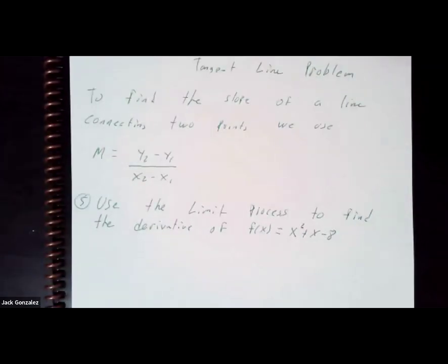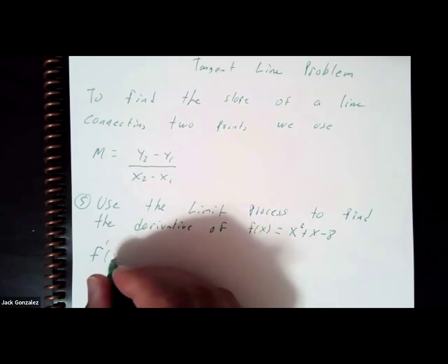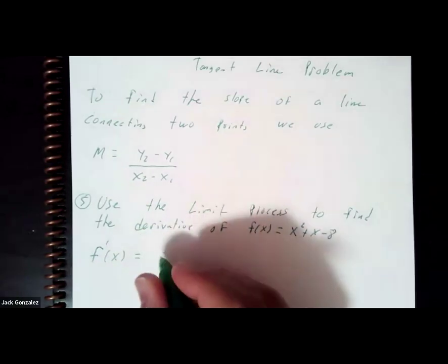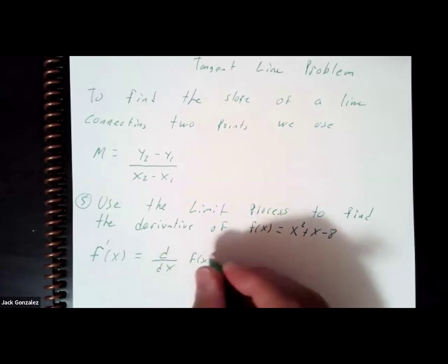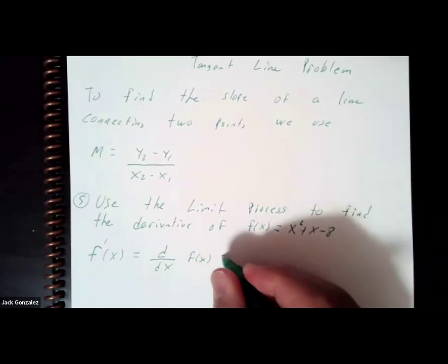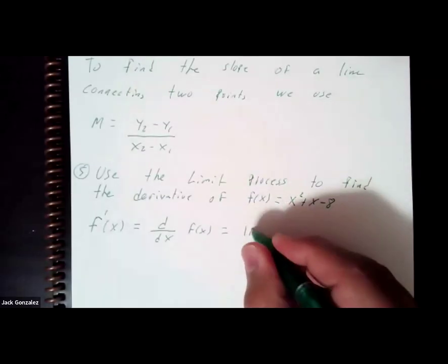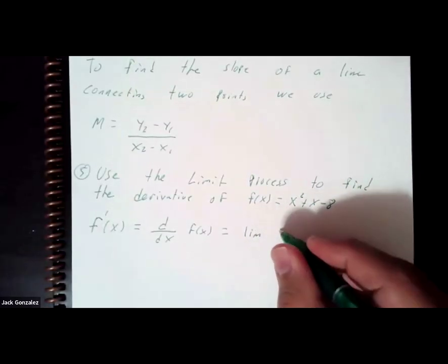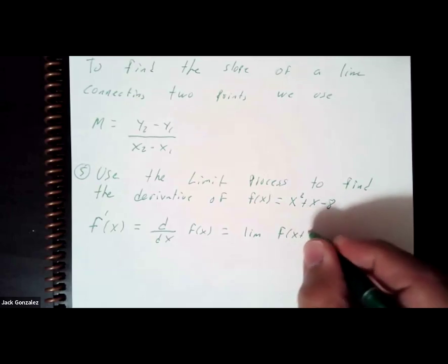All right. So this is notation. If you see a function with a little quote mark on it, that means the first derivative. But if you see it written like this, d dx of a function, that means derivative of f. And in order to find it, we're going to use the limit. This formula here, the limit of the difference quotient.